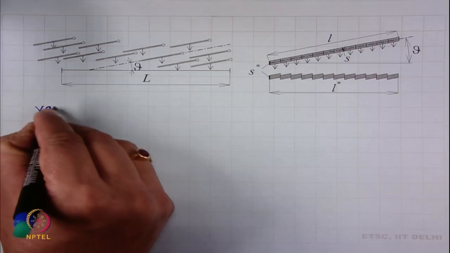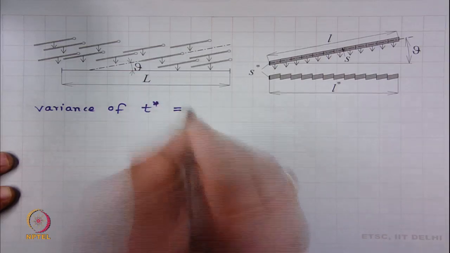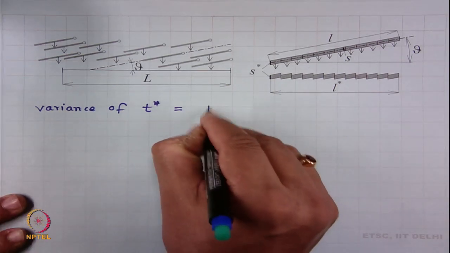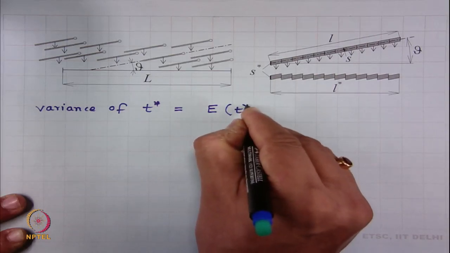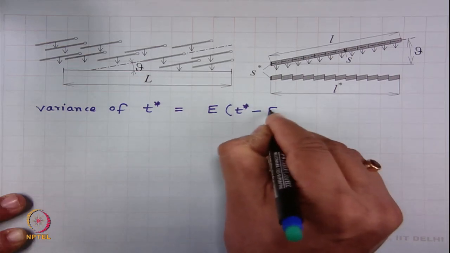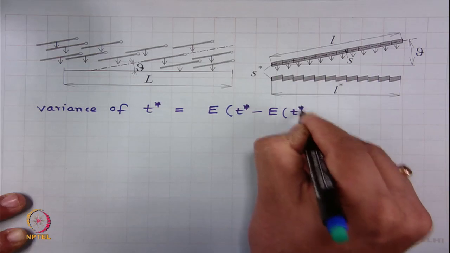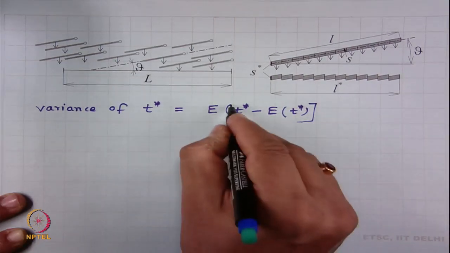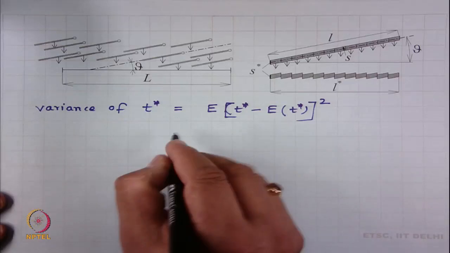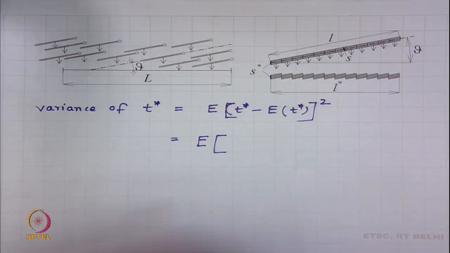Variance. Variance of this is this is the definition of variance. T star is t by cos theta.